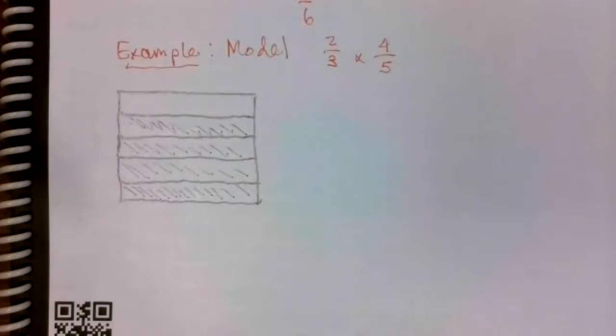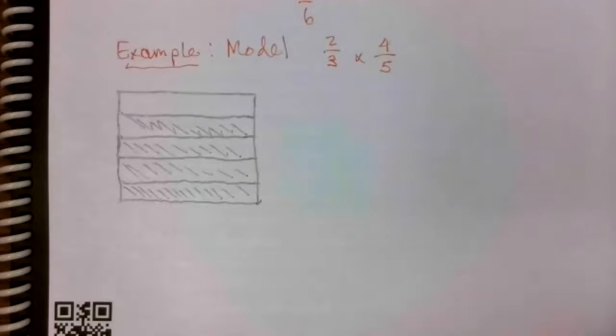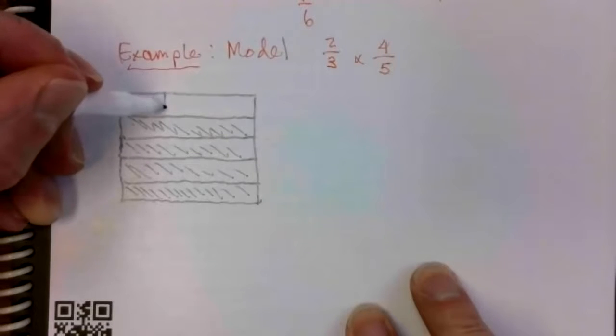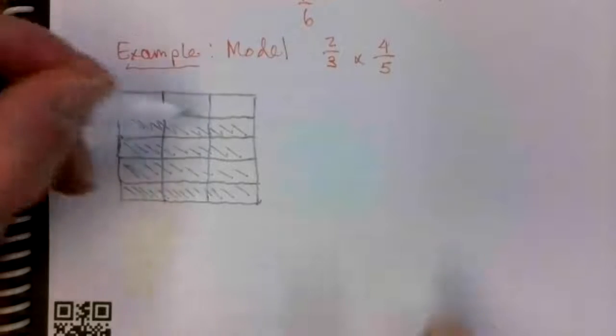Now, how many pieces should I cut this into? 3 pieces. Okay. So, once again, I'll go to a slightly different color. So we got 3 pieces. 1, 2, and then of course 3, right?